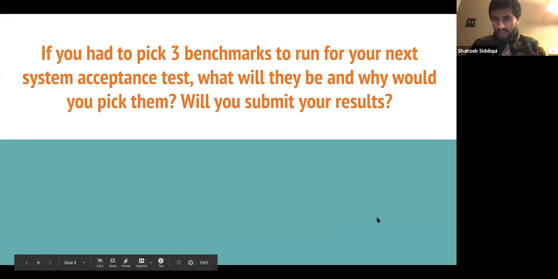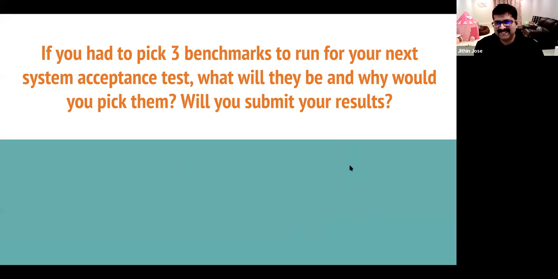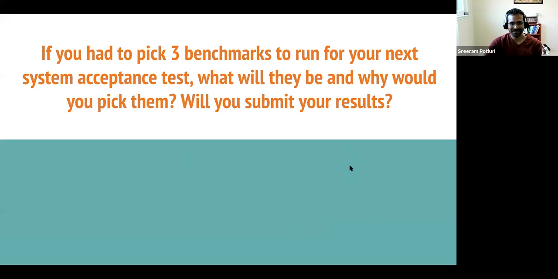And Sreeram and Jithin, would you like to pick for your next system? Sreeram, do you want to go ahead? Sure. It's not specifically for the next system. Like I was hinting earlier, I'd pick one benchmark in each of the three tiers I was talking about. One that shows the raw bandwidth, the raw feeds and speeds of the hardware.